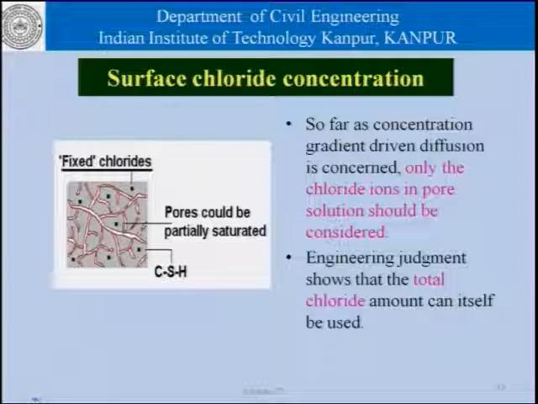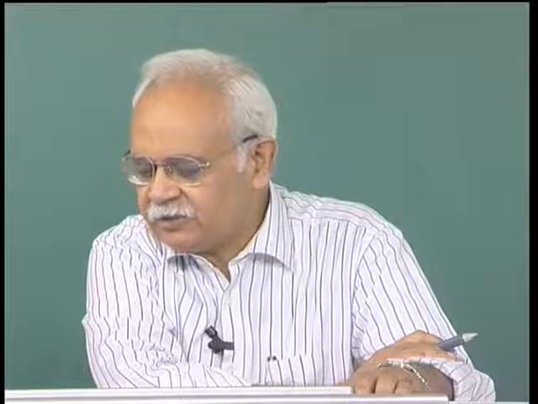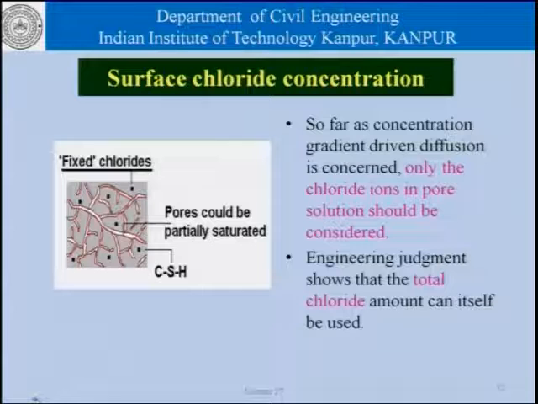So far as concentration gradient diffusion is concerned, only the chlorides in the pore solution need be considered, because it is only the chlorides which are present in the pore solution that move because of concentration gradients. Engineering judgment shows that the total amount of chlorides in the cement paste or in a concrete is much higher than is physically possible if we consider the condition that the pore space and the pore solution has to be in equilibrium with the chloride solution outside.